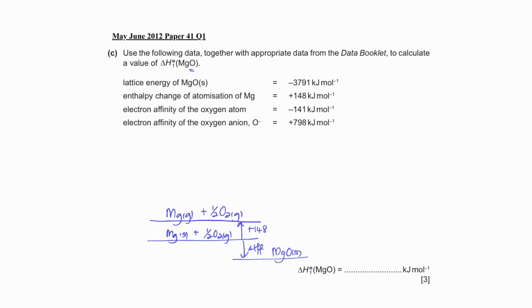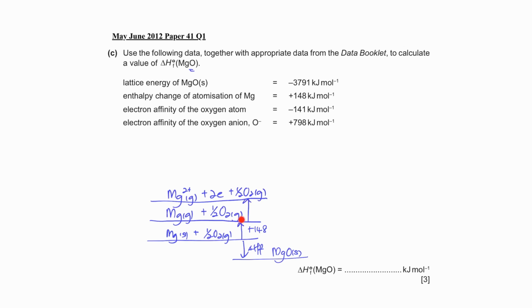After this, we go for the ionization energy of magnesium, where we are turning magnesium gas into magnesium 2 plus gas by releasing 2 electrons, and nothing changes for oxygen.